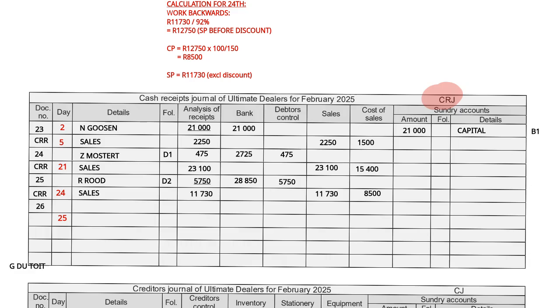Details is G. DeToy. 3,600 in my analysis. We do not have a column for rent income. So we are going to put it into our sundry accounts. Our details will be rent income, and rent income goes to N4.